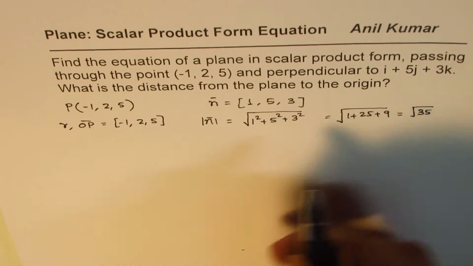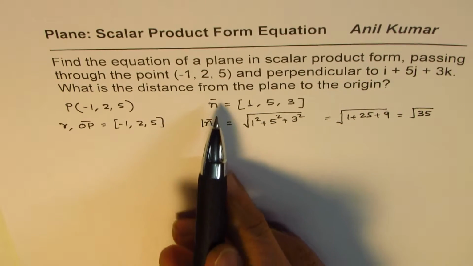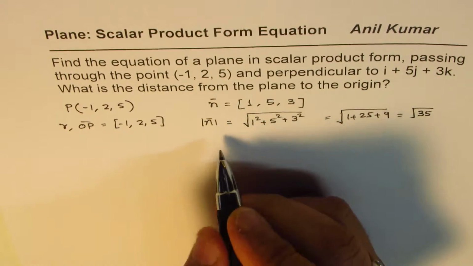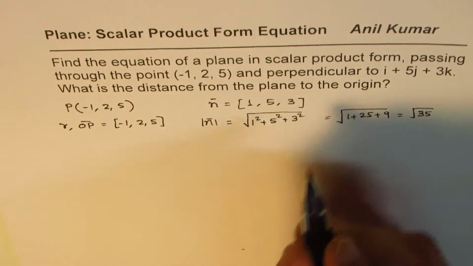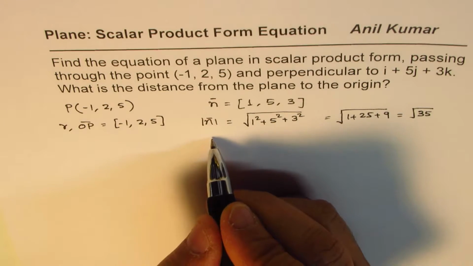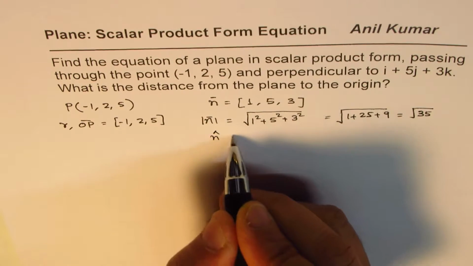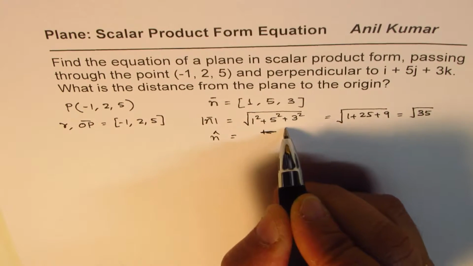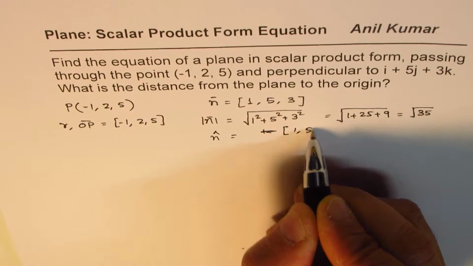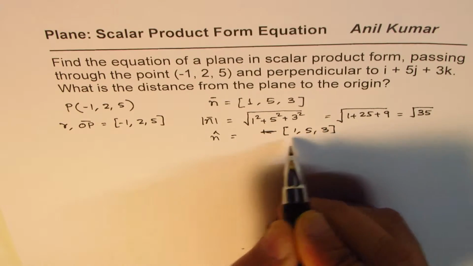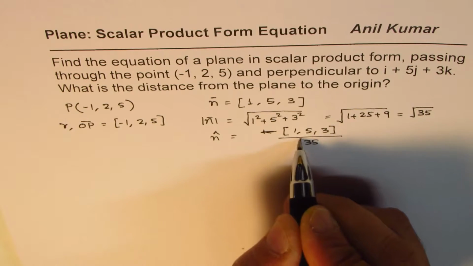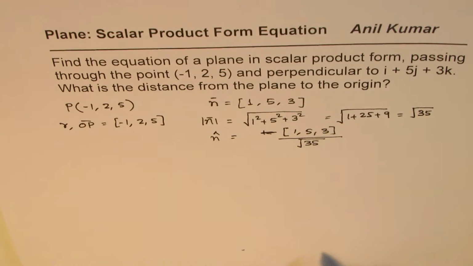So that is the magnitude, and that gives you a unit vector also. The unit vector will be (1, 5, 3) divided by square root of 35. Correct? So that is the information given to us.